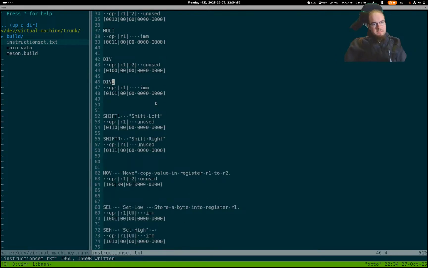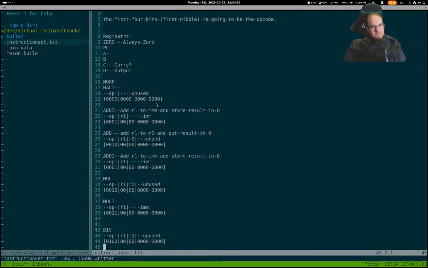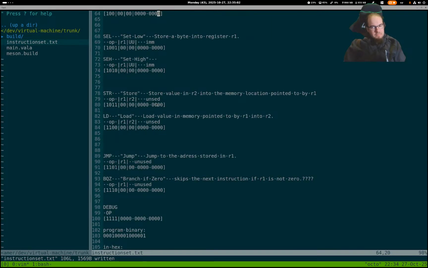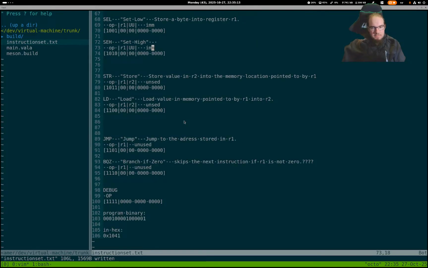Yeah, that's okay, I guess. If this was a real computer, I would have to figure out a better way to do this. But oh well, it's not a real computer, so we don't care about any of this.